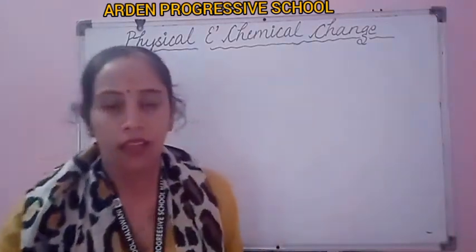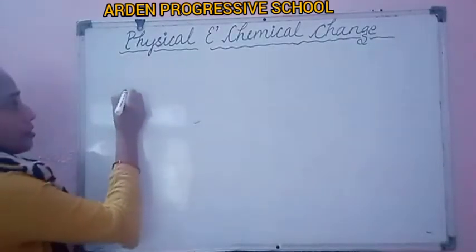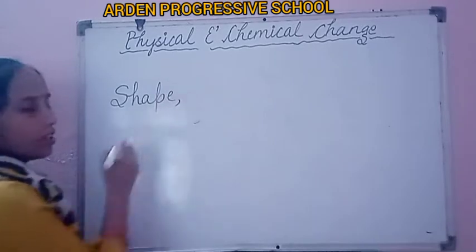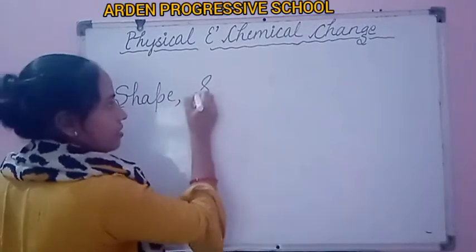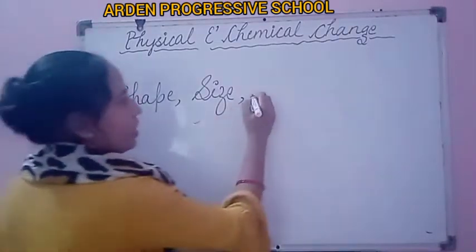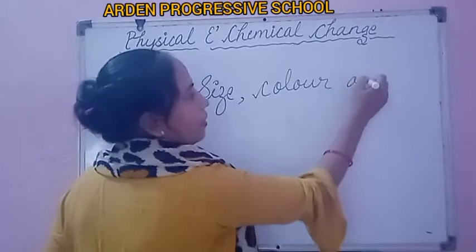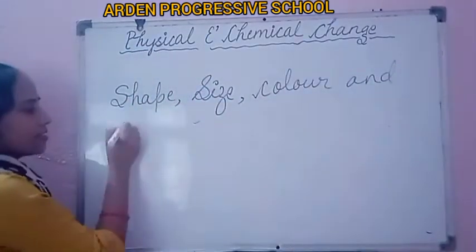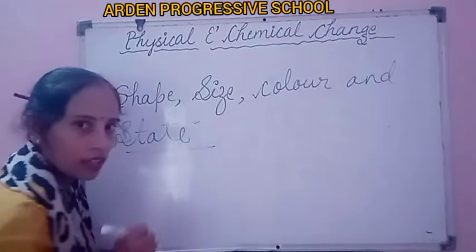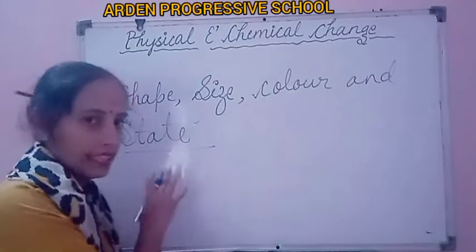So the change in the shape of the object. Clear? First shape, and the change in the size of the object, and the change in the color of the object, and the change in the state of the object from ice to liquid, liquid to gas, gas to liquid, in this form.